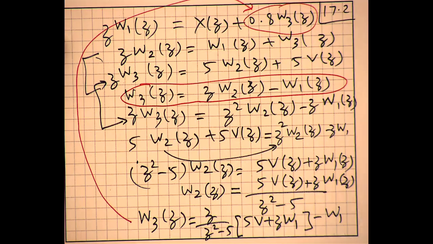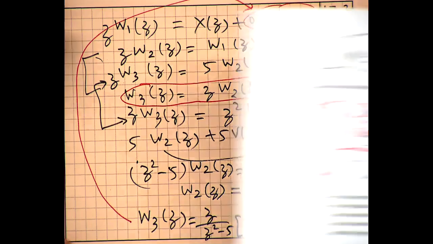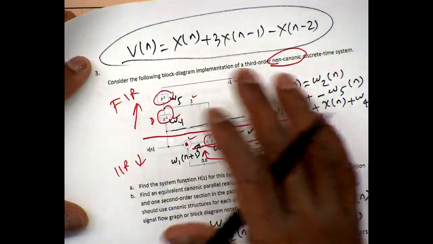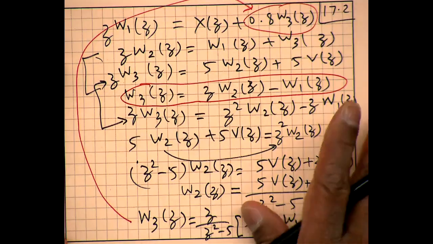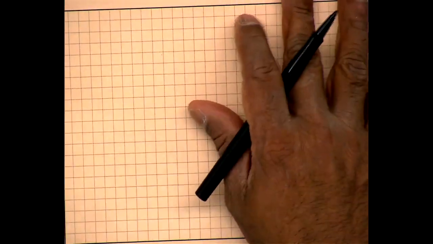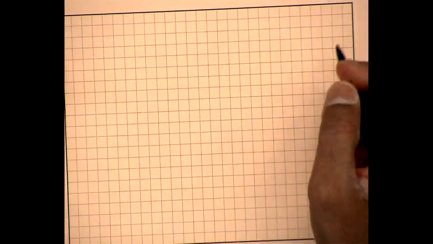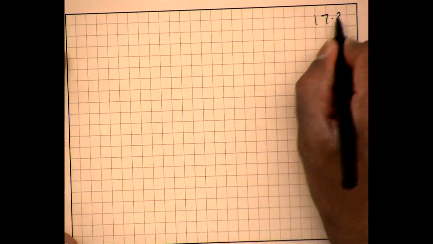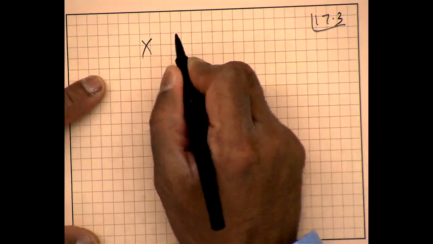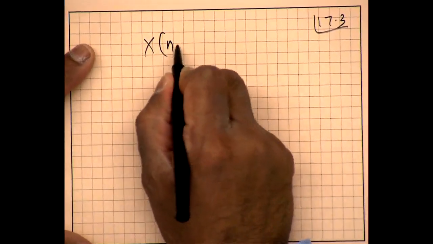And finally, maybe in the next homework, we can represent this by a state representation, xn plus 1.